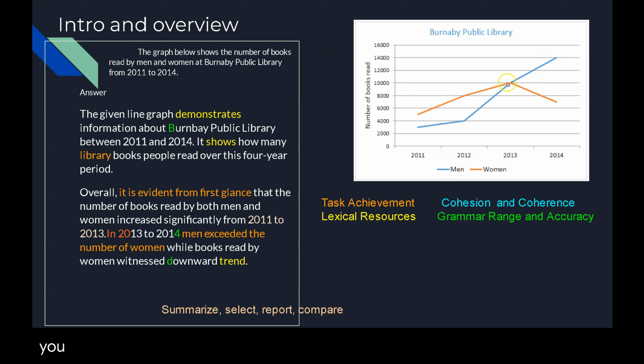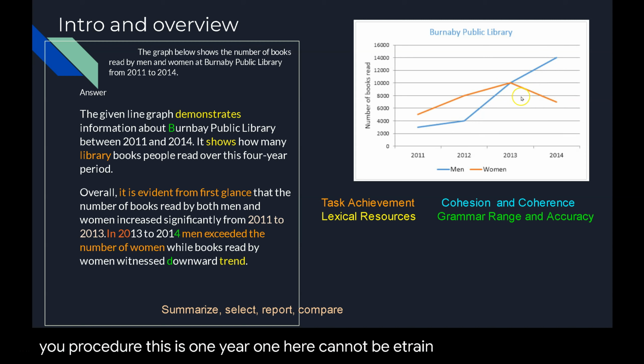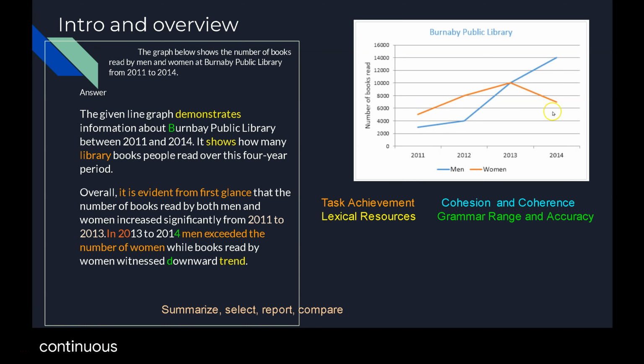When you see here, this is 1 year. 1 year cannot be a trend. 2 years, that's a trend. It went up and it went up again. That's a difference over time that continues. This is a fall. It's just a fall, it's not a trend. Keep those in mind.